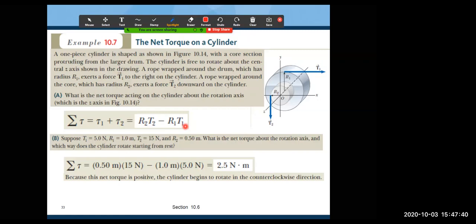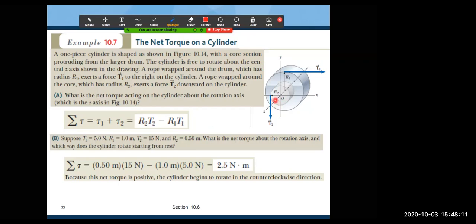We are not assigning the positive or negative according to the cross product, but according to our observation here. So T1 is generating a rotation in a clockwise sense when we view along the negative Z direction. So when we view the XY plane, it is generating a clockwise rotation, so minus R1 T1.